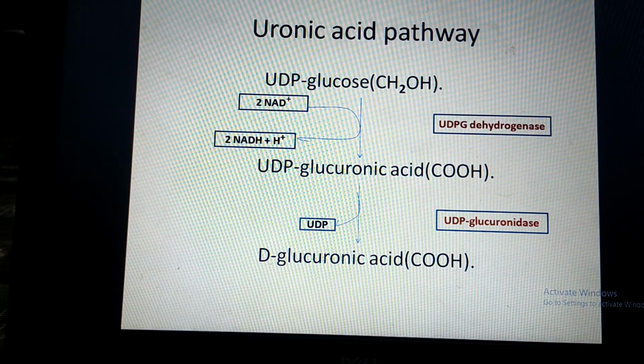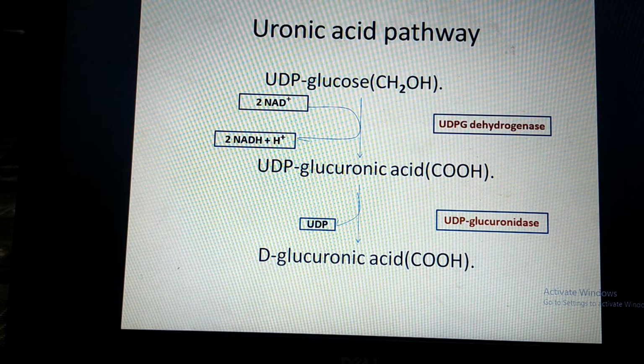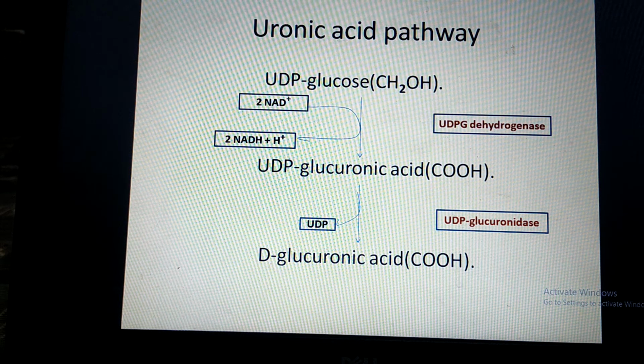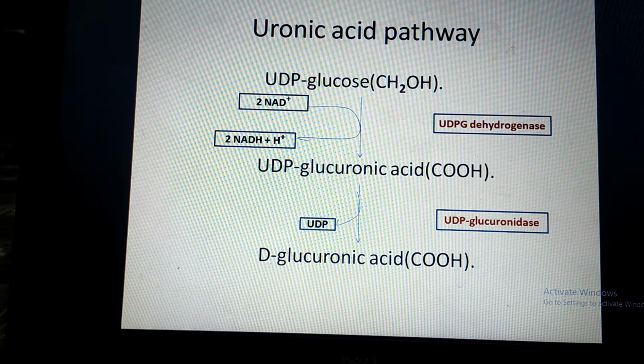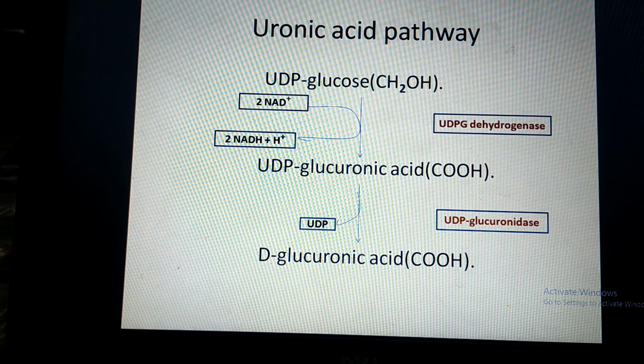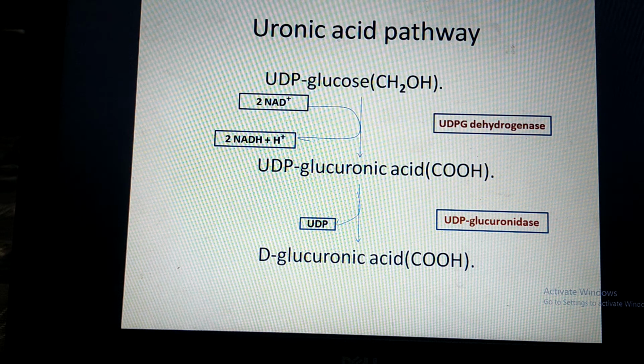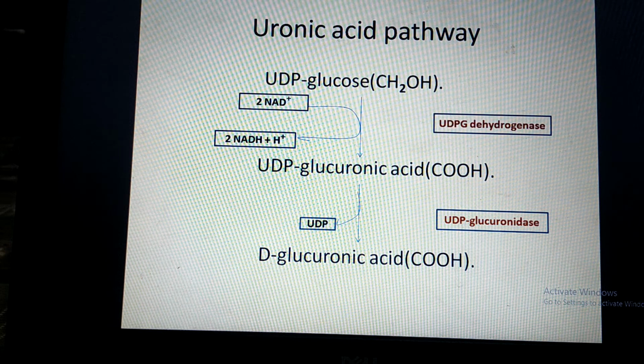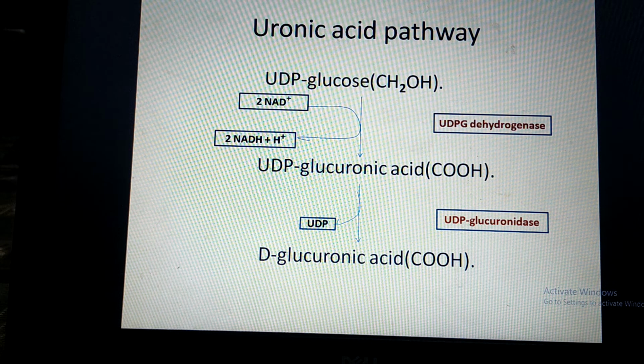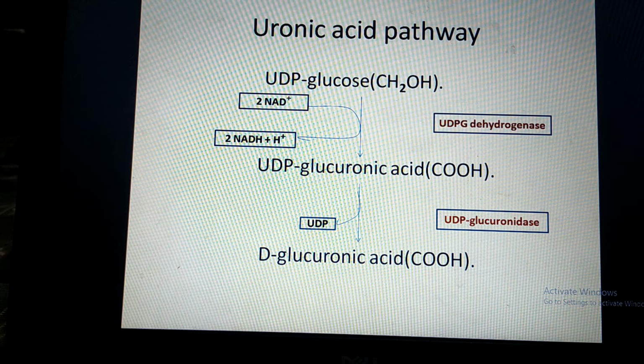Next, UDP glucose undergoes oxidation where CH2OH group is converted to COOH group, that is acidic group, to form UDP glucuronic acid. The enzyme is UDP glucose dehydrogenase. The two hydrogen atoms are removed, which are accepted by coenzyme NAD to form NADH.